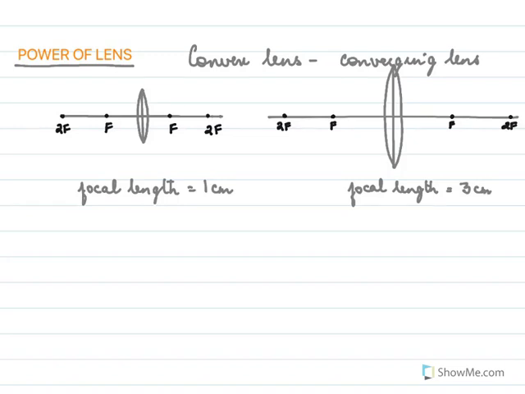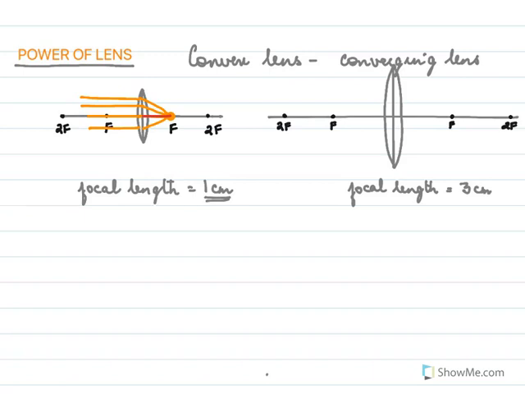To understand the power of lens, let us take these two examples. In the first case, I have a convex lens whose focal length is 1 centimeter, which means if rays of light are parallel to this lens, after refraction they will all converge at the focus, and this focus is 1 centimeter. So they will converge in this small distance.